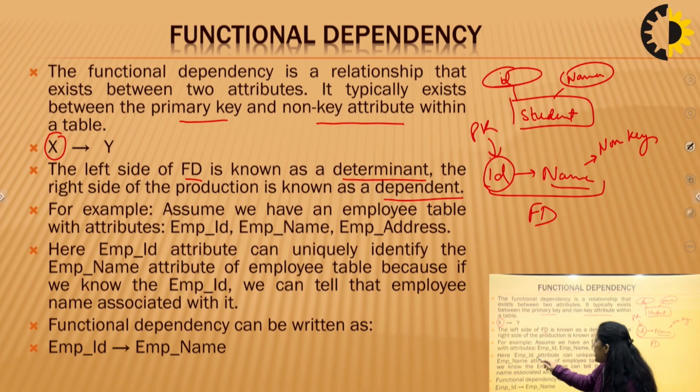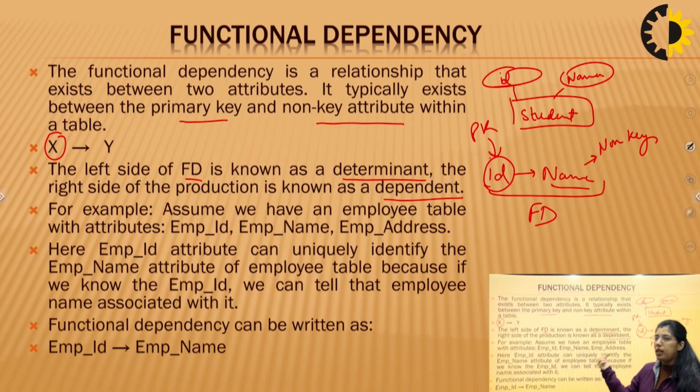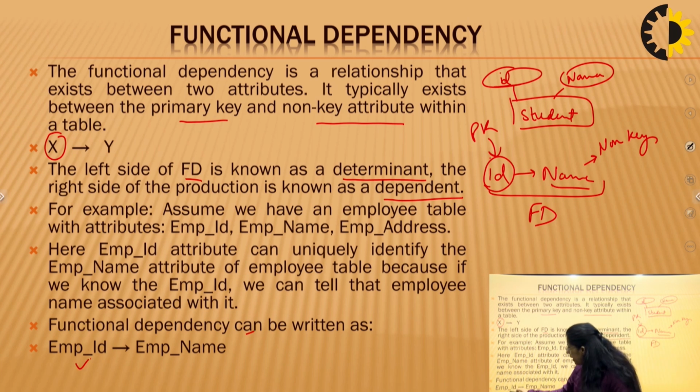Here, employee ID can be used to identify uniquely the employee name as well as his or her address. Functional dependency can be written as employee ID determines employee name. Here it is read as employee name is functionally dependent on employee ID.